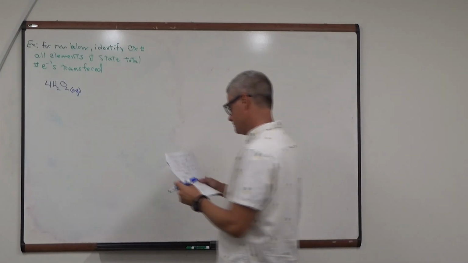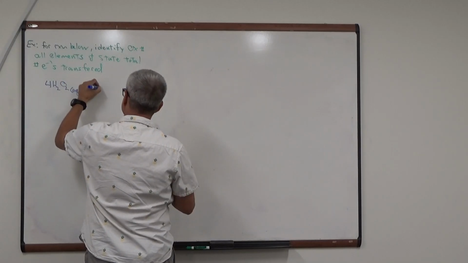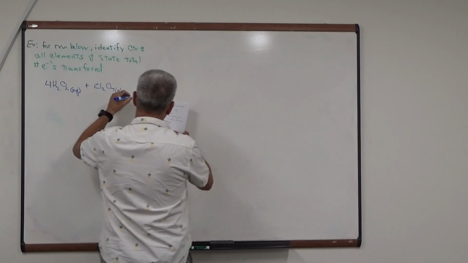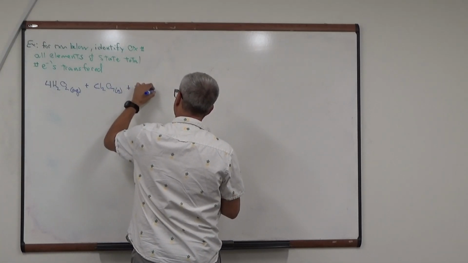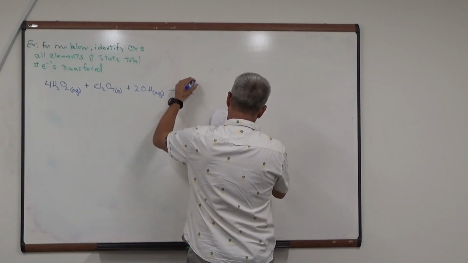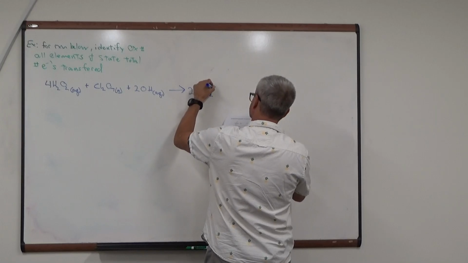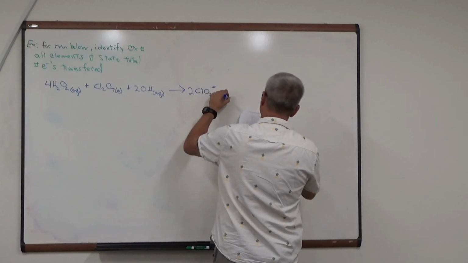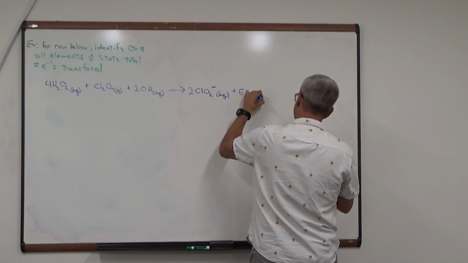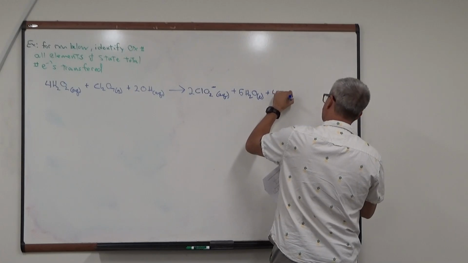H2O2 is hydrogen peroxide, plus ClO4-, plus 2 hydroxide, goes to 2 ClO2-, plus water, plus 4 O2 gas.